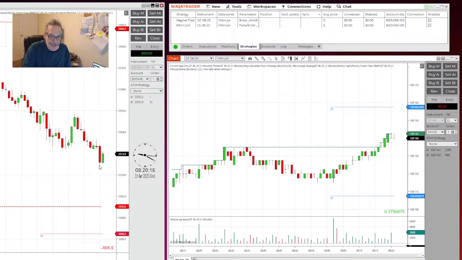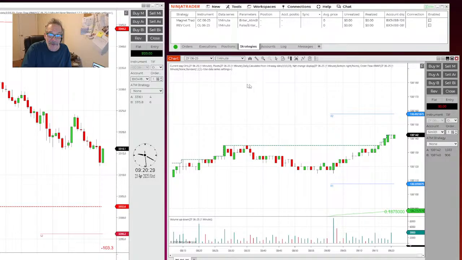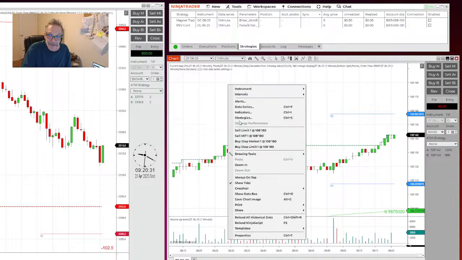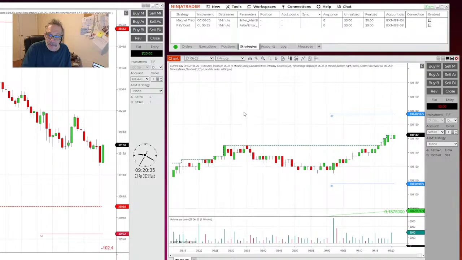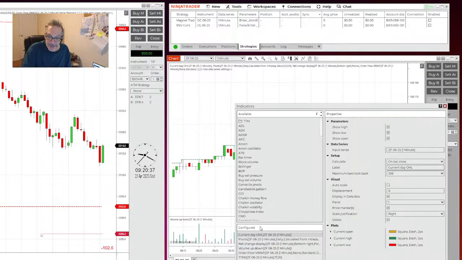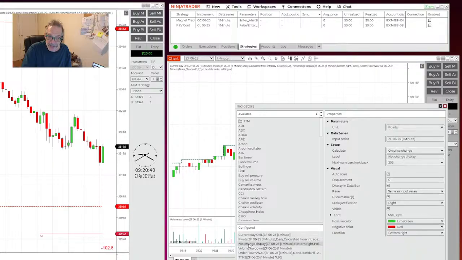I was thinking it was going to go down, down, down, straight down. So I'm going to just stick. We're getting ready for the open, so you have to wait for the open before you do anything. I would not do anything until the open. It's only 10 minutes away. I'm also putting bonds on ticks with net change display.